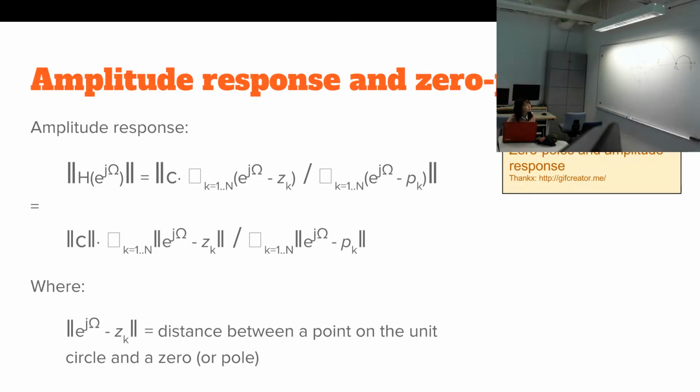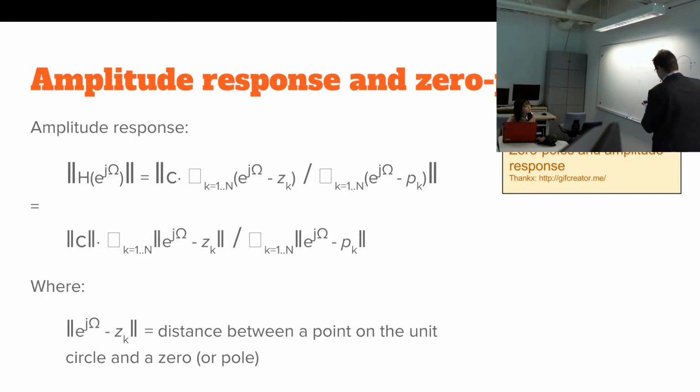When you look at this form, let me put the H(e to j omega) equals that sum form, B0 divided by A0, and then we have the product of e to j omega minus zk over e to j omega minus pk.